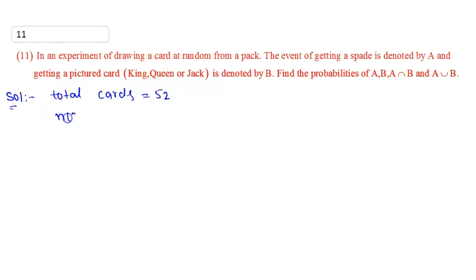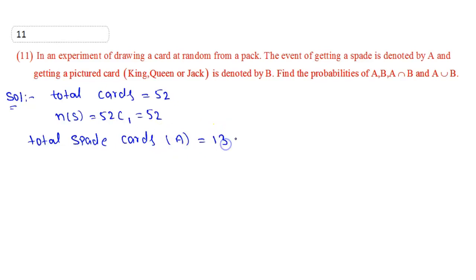Here he is taking one card, so I am taking n of S is equal to 52C1, that is equal to 52. Let A be the event of getting a spade.